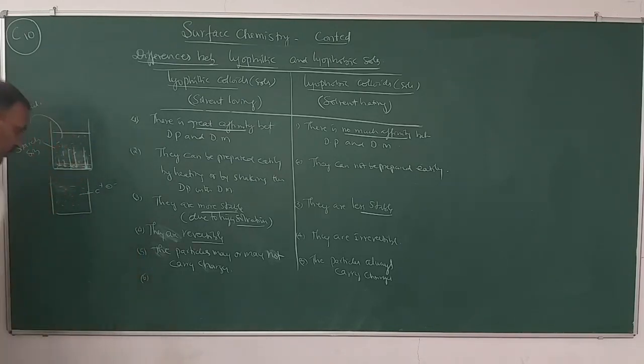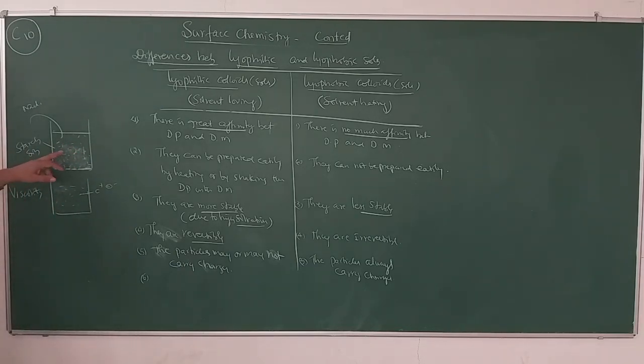Then the sixth property, coming to viscosity of the solution. Suppose this is clear water, its viscosity is less. When starch is added into this water, its viscosity increases and the solution becomes thick.